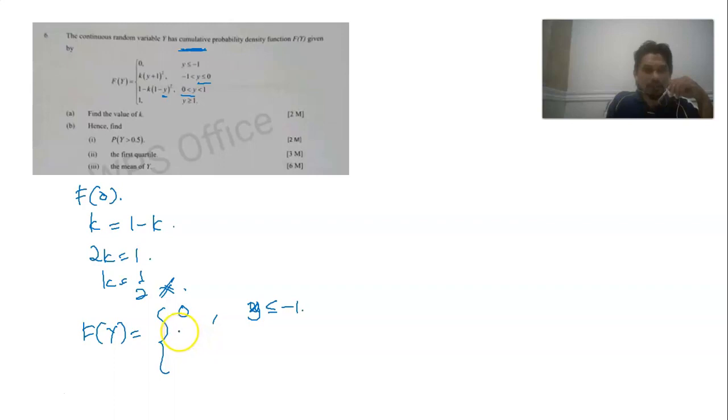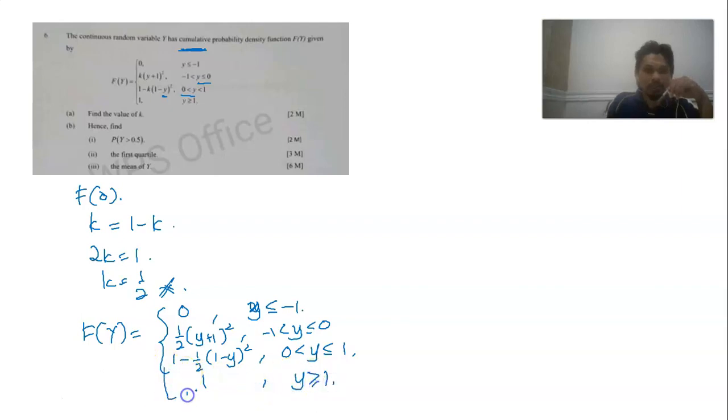K is half, so 1 over 2 times (y plus 1) squared for y between -1 and 0. 1 minus k is half, and then 1 minus y squared for y between 0 and 1, and then equal to 1 for y greater than or equal to 1. Okay, and then find the probability of y greater than 0.5.